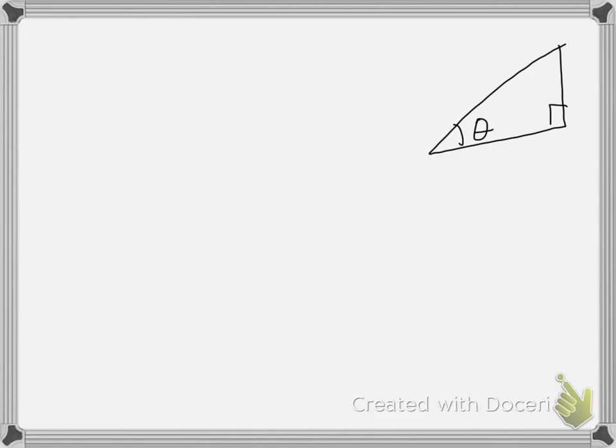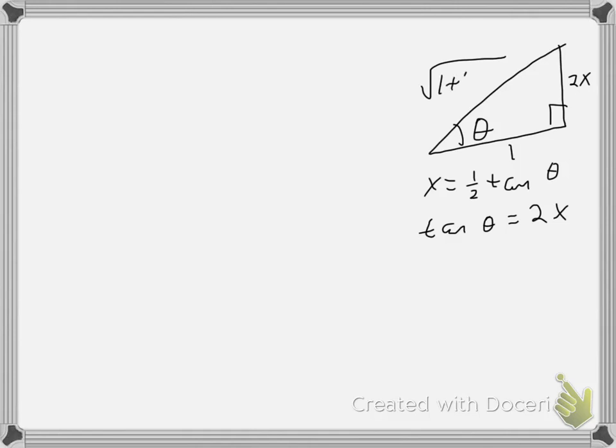We know that x is equal to 1/2 tangent of theta, which of course is the same as saying that the tangent of theta equals 2x. So this side is going to be 1, this side is going to be 2x, and using Pythagorean theorem this will be the square root of 1 plus 4x squared.